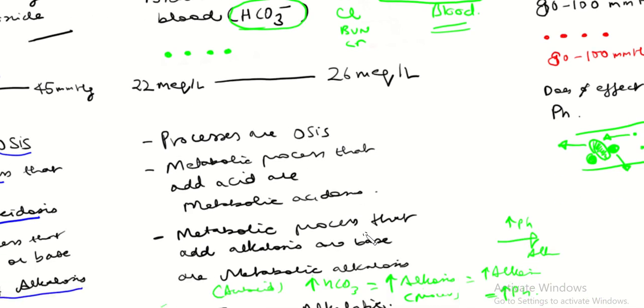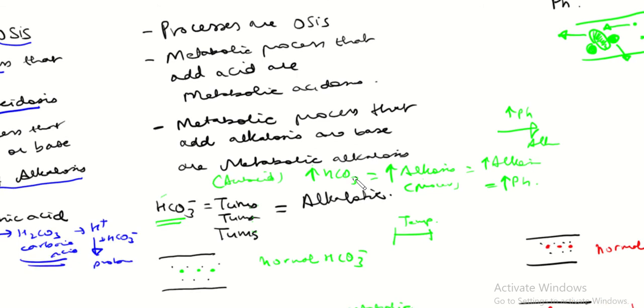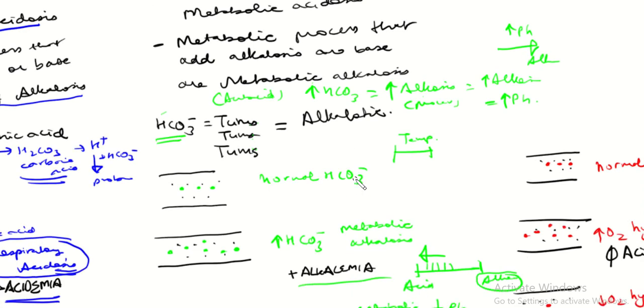The processes are osis, so metabolic acidosis adds to acidemia. Metabolic alkalosis adds to alkalemia. Bicarb is Tums. More bicarb equals more alkalosis equals more alkalemia equals higher pH, and vice versa.